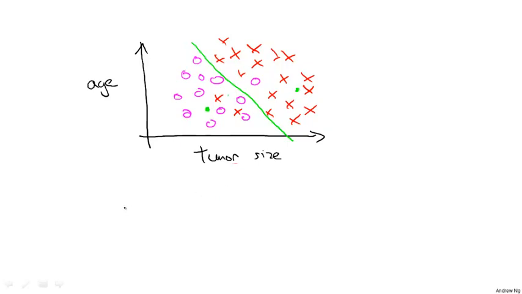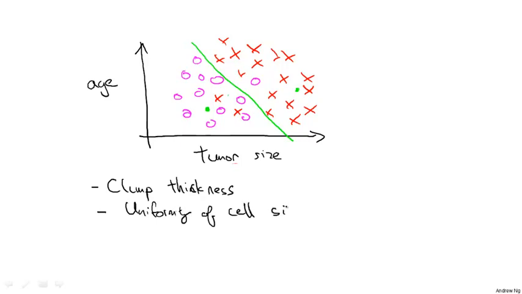One of the challenges with supervised learning is how to deal with many more features. So for example, clump thickness and uniformity of cell size. These are the features that I guess friends of mine working on breast cancer actually extracted.